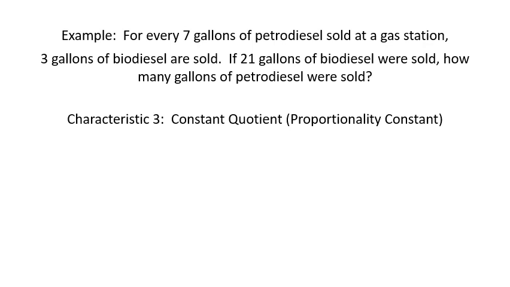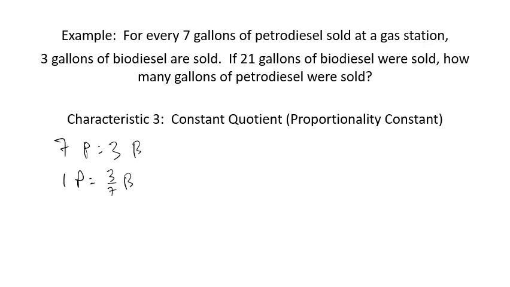And so we have an equation here. We could say that we've got 7p is to 3b. And so if we found a unit rate, we could say that 1p equals 3/7 b.